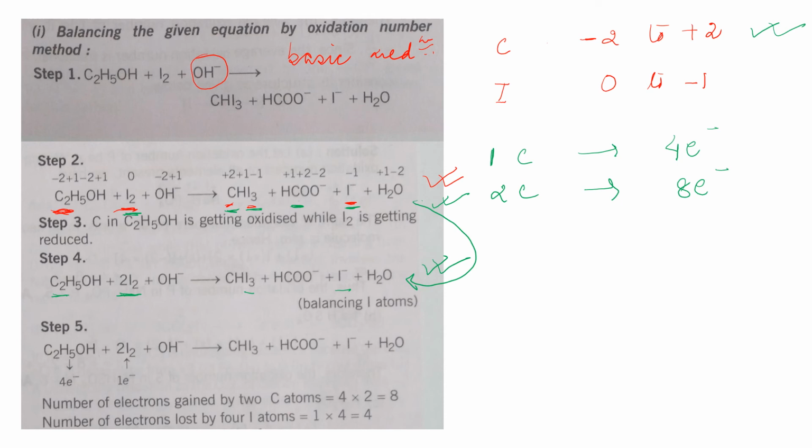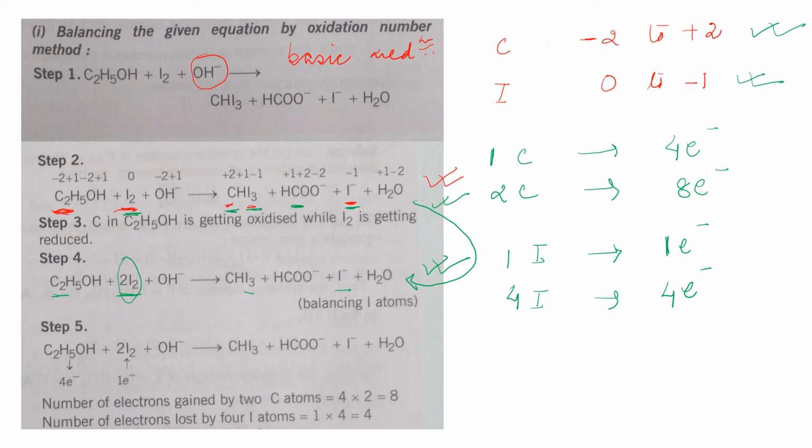For iodine, now you can see that one iodine is gaining only 1 electron. But I am having total 4 iodine. So 4 iodine will gain 4 electrons.